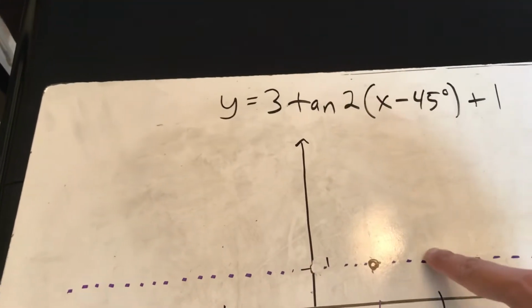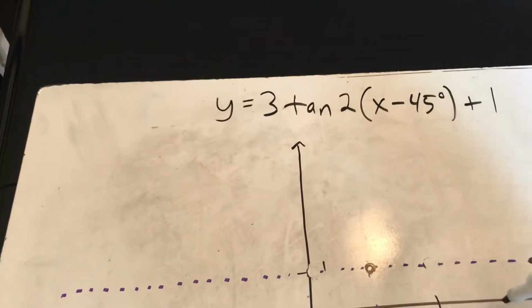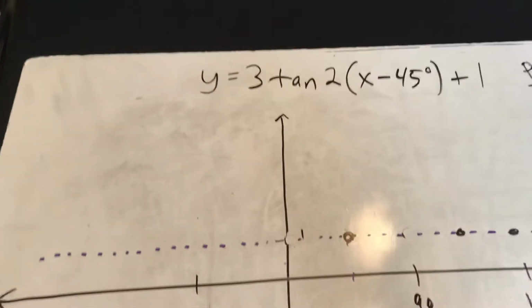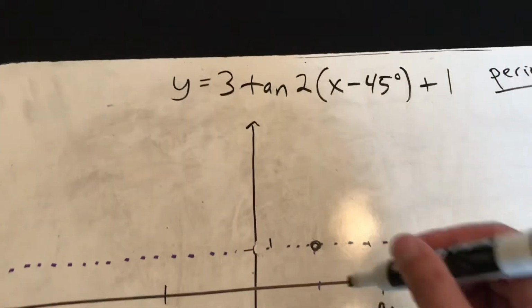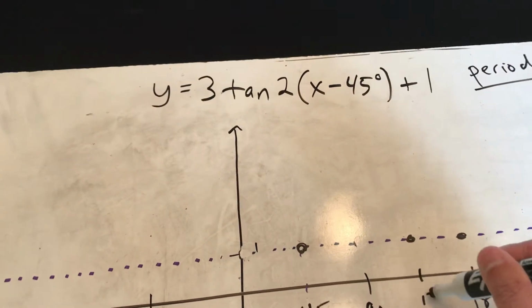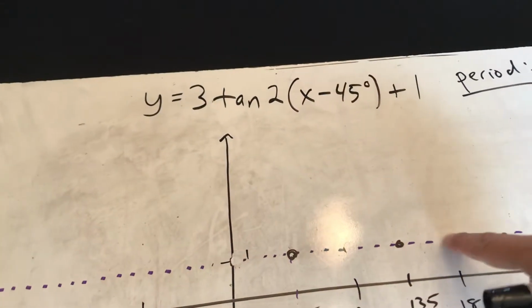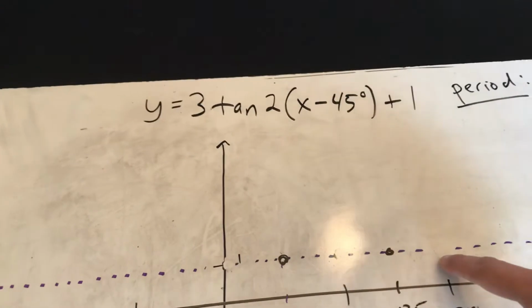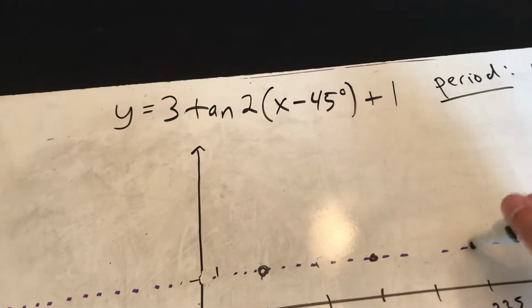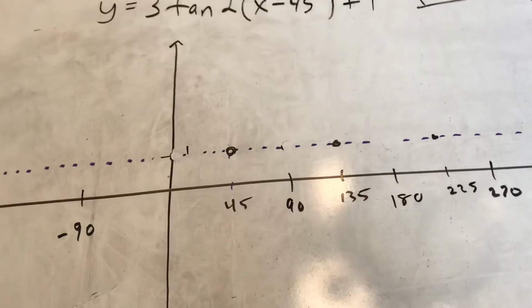This is going to get shifted 45 degrees to the right, so we're going to have an intersection point at 135. You might want to put 45 in here and 135 in there. And then this will get shifted over 45 degrees as well, and that'll be at 225. So that's where your intersection points are going to take place.